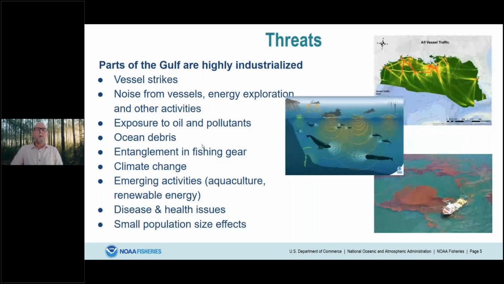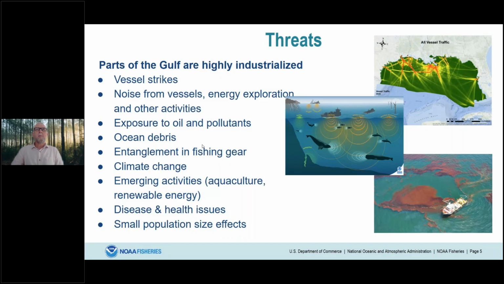As you all know, many parts of the Gulf are highly industrialized, which places Rice's whales and their habitat at risk from many human activities, including vessel strikes, noise from vessels and seismic surveys, oil spills and other pollutants, ingestion of oceanic debris, and entanglement in fishing gear.